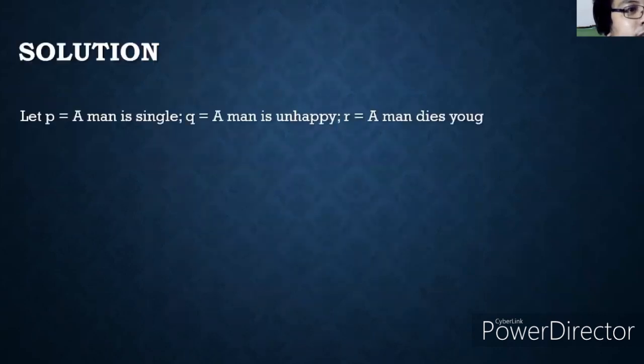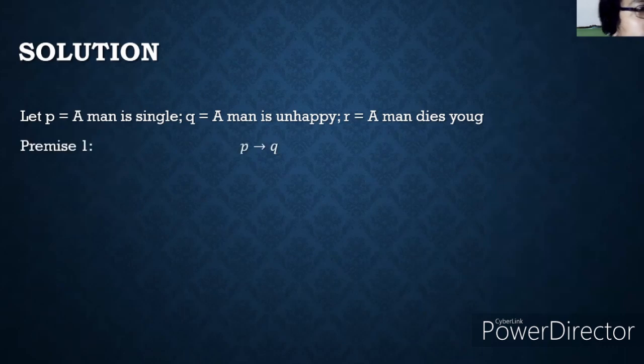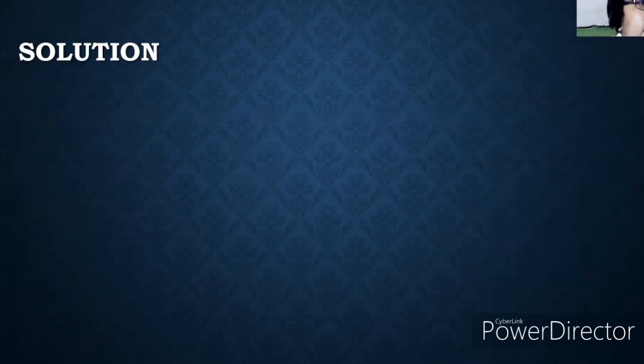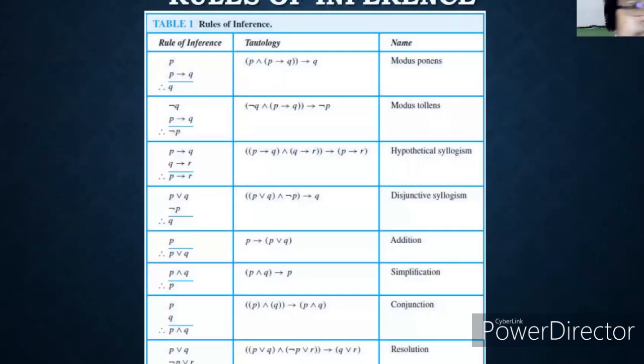Here is our solution. We transform this into propositions. Premise one is P implies Q. Premise two is Q implies R. That leads us to our conclusion, P implies R. If we go back to our table of rules of inference, which one would you think?